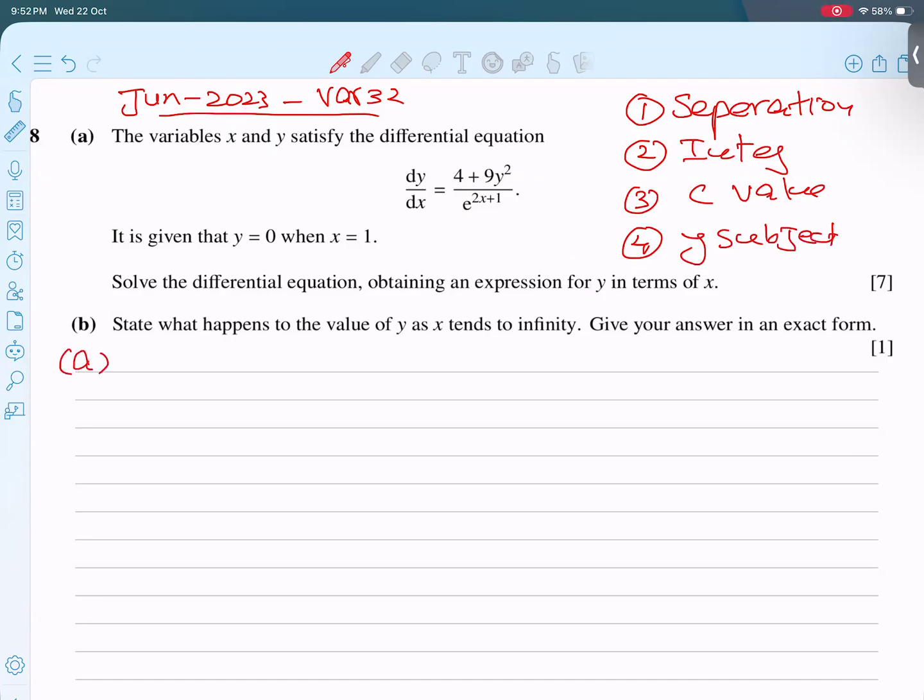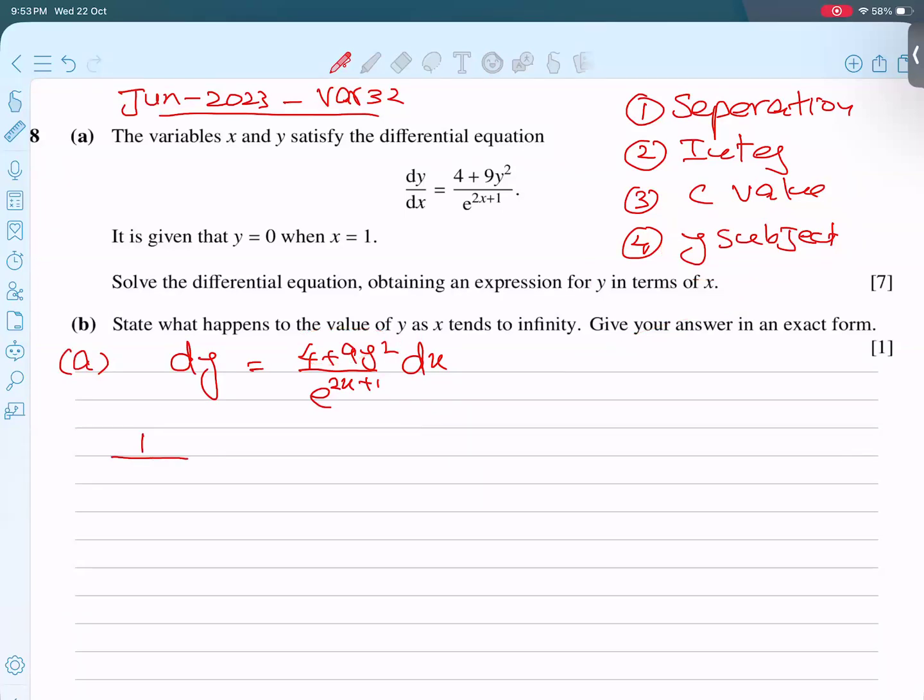So let's try to do it. First of all, make sure dx and dy cannot be in the denominator. So dx is multiplied there. So I can say dy is equal to (4 plus 9y squared) over e to the power 2x plus 1, into dx. But the problem is that because y is my subject, I'll bring this completely to the right side, down.